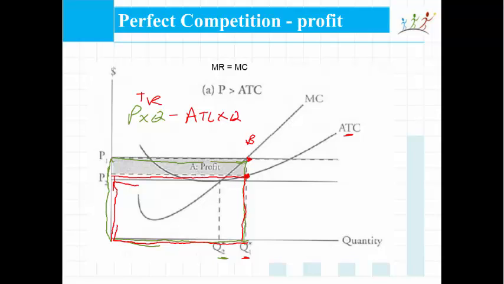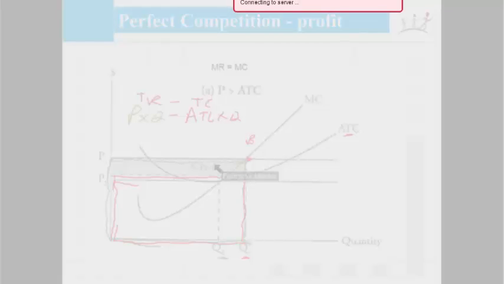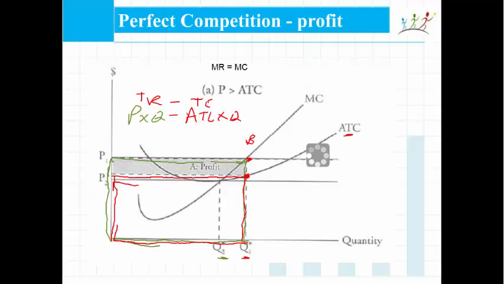So this is the total revenue minus the total costs. The gray shaded region now represents my profit. This profit is a supernormal profit. Other firms will enter the industry because there are no barriers to entry or exit.